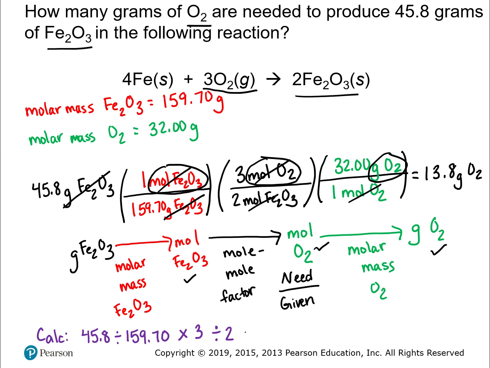The last step is multiplying by 32. If you wanted to put all of this in together, you may want to use parentheses. Depending on the calculator, you may or may not need to.